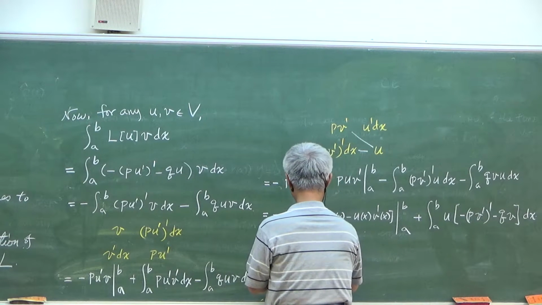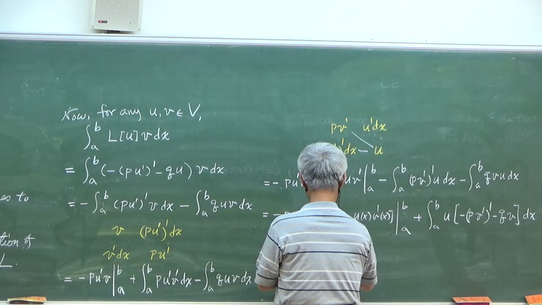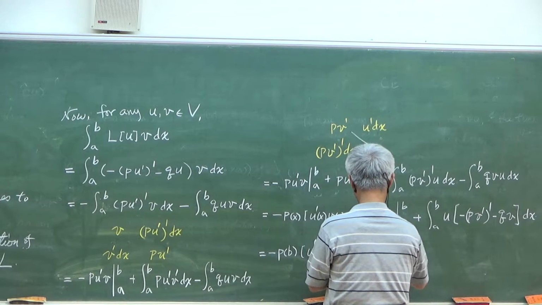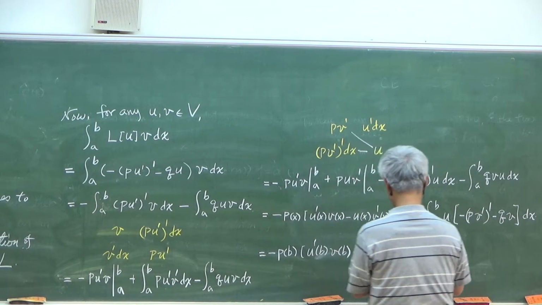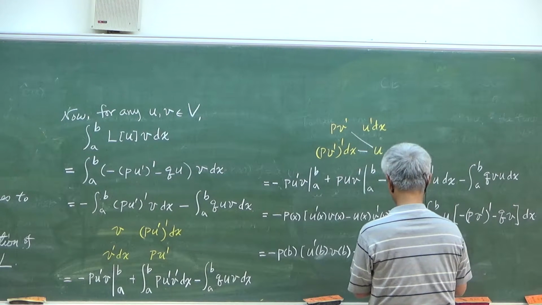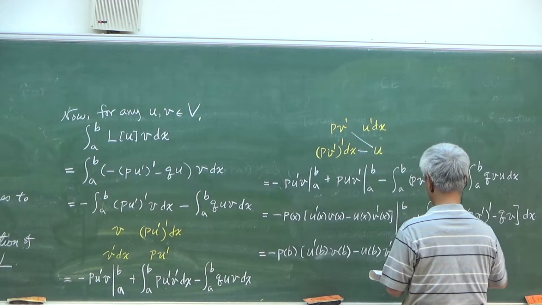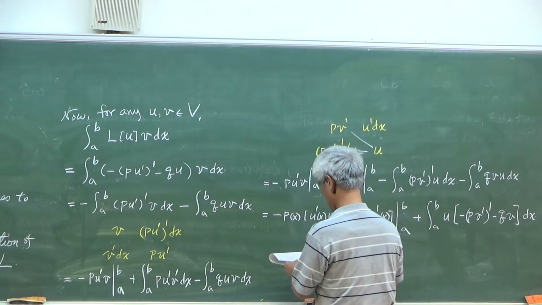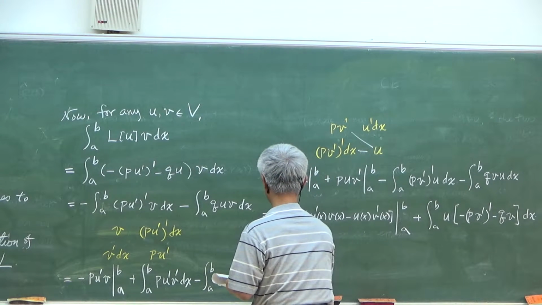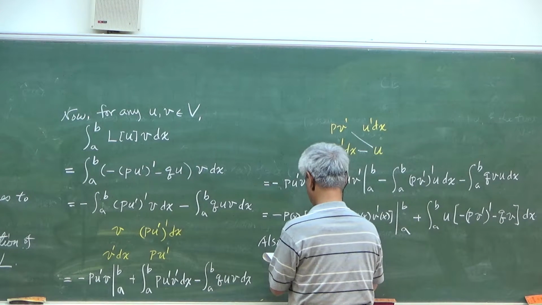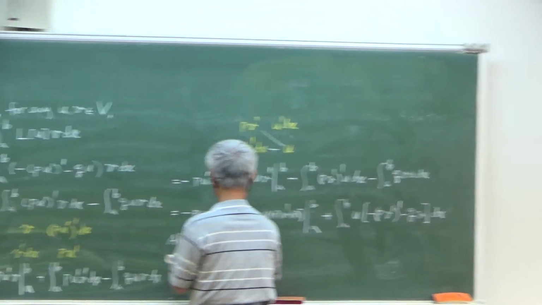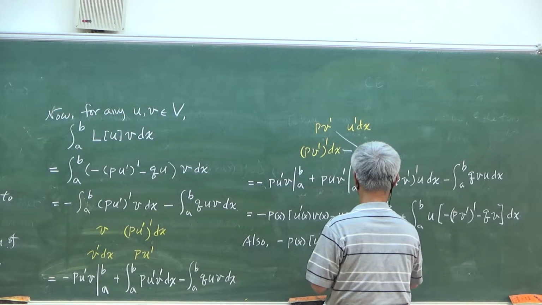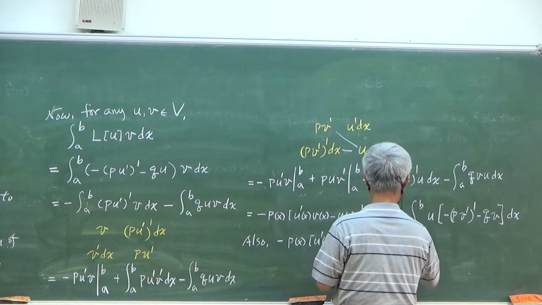And we have U prime B with V B minus U B and V prime B. Plus, and now if we compute also minus P x U prime x dx dA.